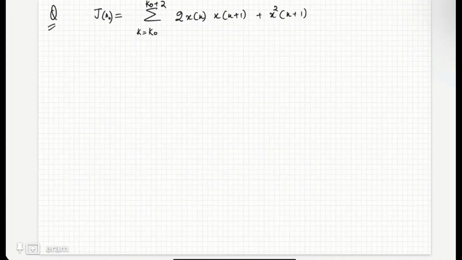So this is our cost function, and the initial state value is given to be 2. The final state value, that is at k naught plus 3, is free.